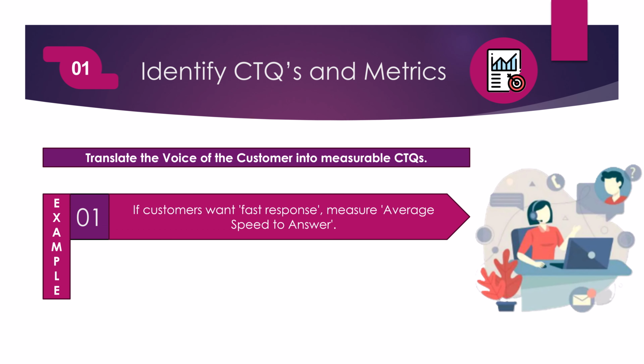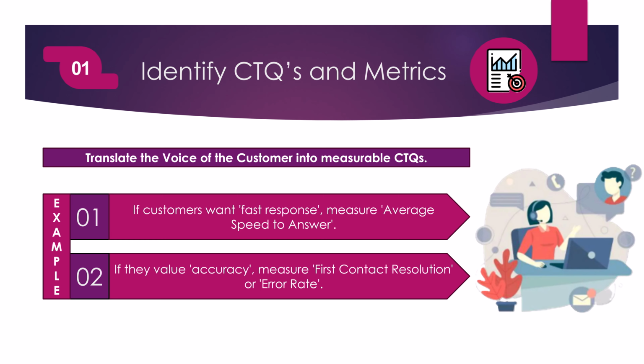For example, fast response could become average speed to answer in a call center or time to resolution in a service process. Similarly, when customers talk about accurate information, we turn that into metrics like first contact resolution or error rate. The key is to move from vague expectations to clear, quantifiable measures.